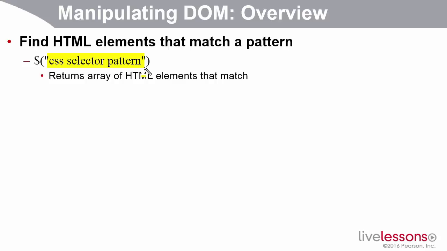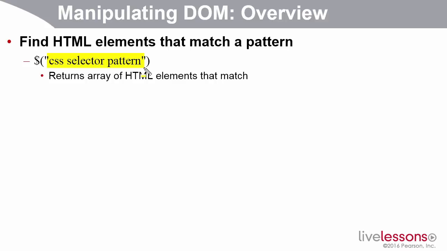Other JavaScript libraries said, well, we need to invent a way to search around in the page. And so they said, well, maybe we'll use XPath, or maybe we'll use the XML DOM, or maybe we'll invent our own strategy. And this was very inconvenient. But the point is that HTML developers probably already know CSS. Furthermore, CSS is a very powerful and succinct way of representing elements in the page.